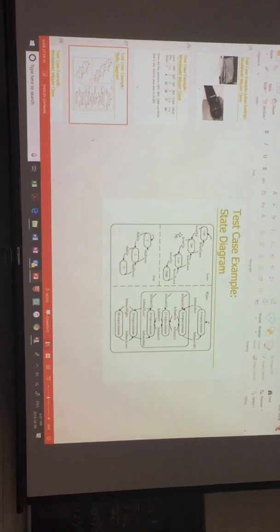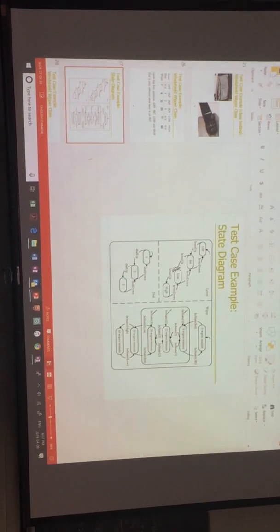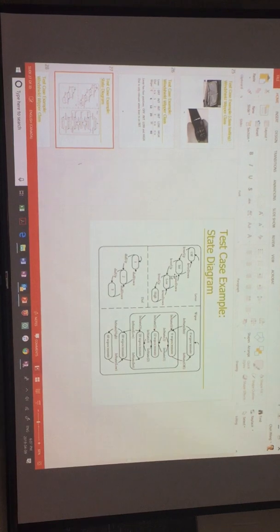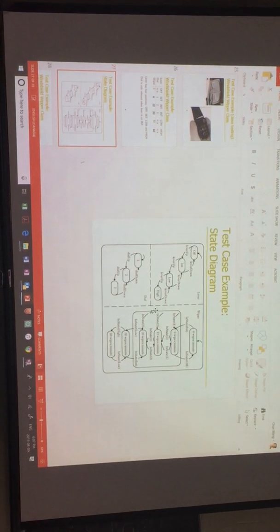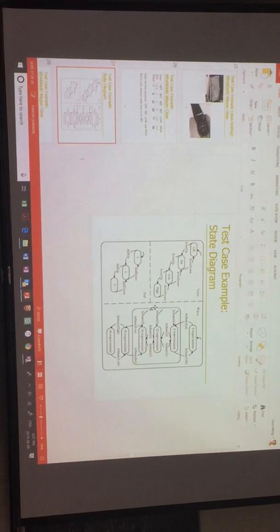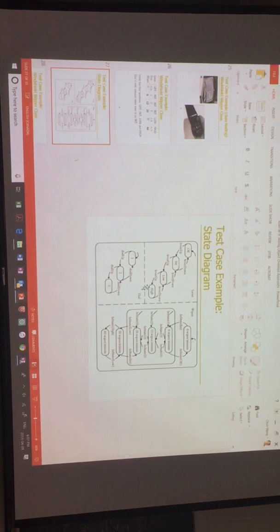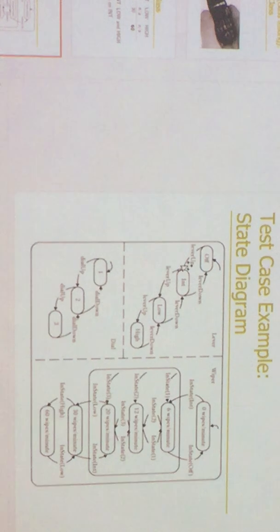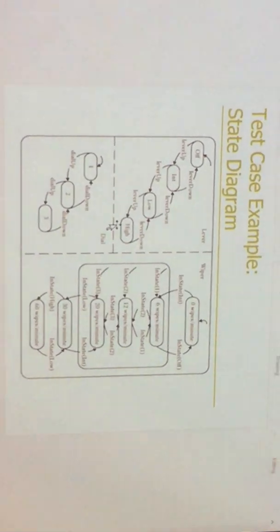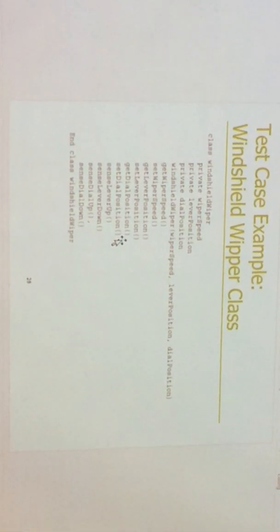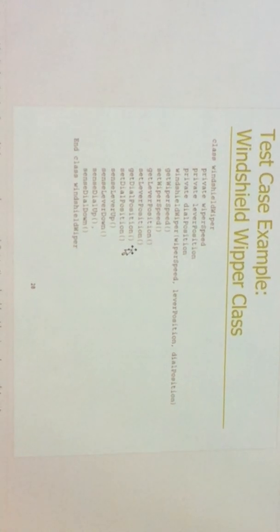You have a state diagram and how the different states of this kind of program are tested. Sometimes in order to achieve one state, you have to go from another state to something. But it's just to know for those things.